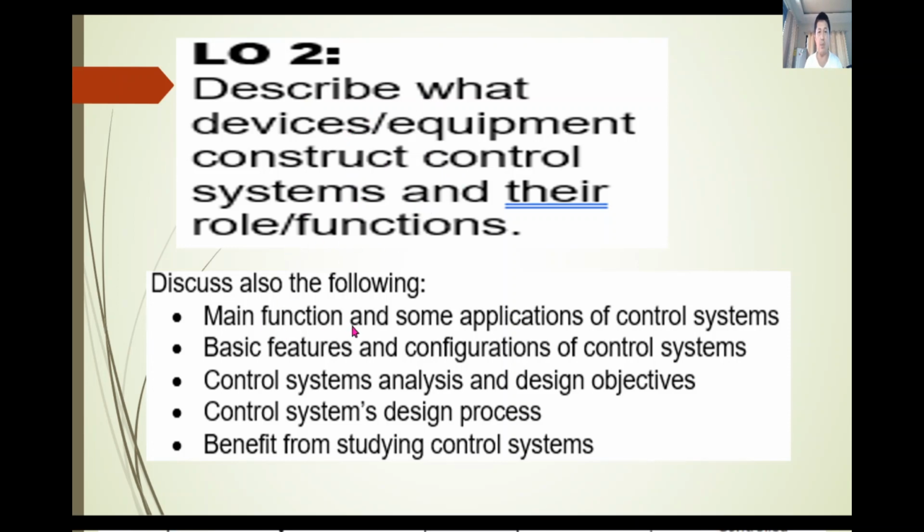We also discuss the main function and some application of control systems, basic features and configurations of control systems, control system analysis, and design objectives. Control system design process and benefit from studying control system.